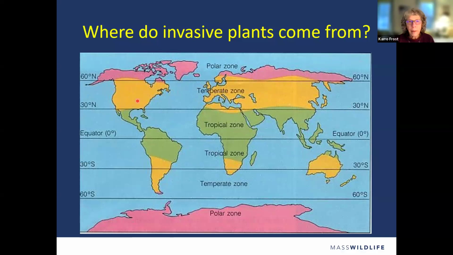So our plants are actually causing problems in some of the Asian and European countries. The ones that we already have, there's been a lot of trade going back and forth between these countries. We've just started to get some plants from South America, Africa and Australia coming in as invasives here, and that's kind of a concern.